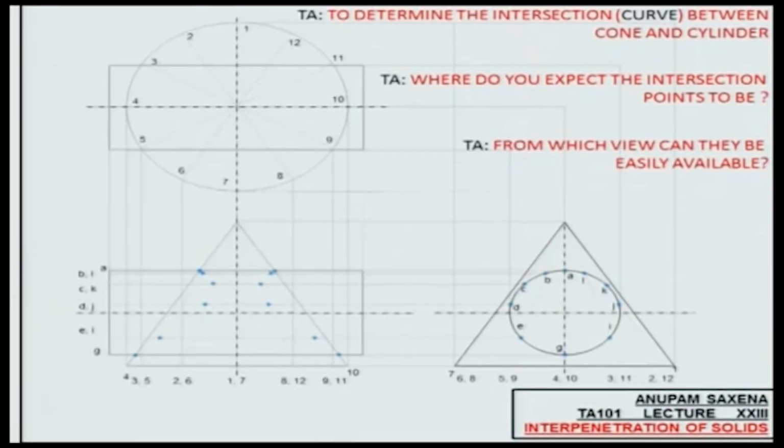All right, so your intersection profile is pretty much done in the front view. Join these points, and this is how your intersection profile will show up.